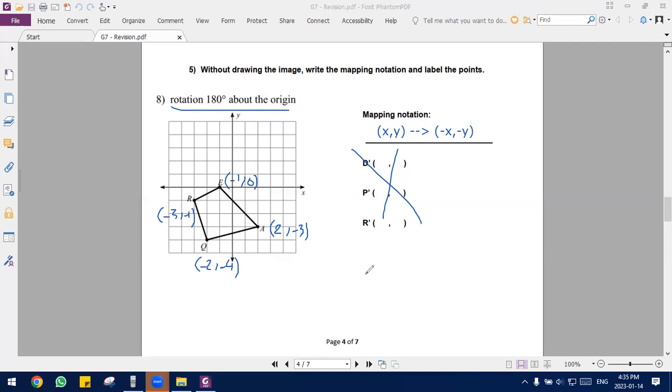Now, to write the new points, we just need to change the sign of X and Y. So here we write A prime, E prime, R prime, and Q prime. Now we put the new coordinates of A. We said that we need to change the signs of the coordinates. So A is 2, minus 3. Now I make it minus 2, 3.